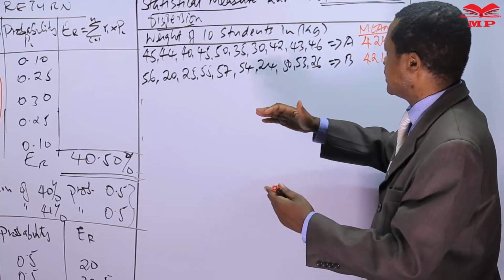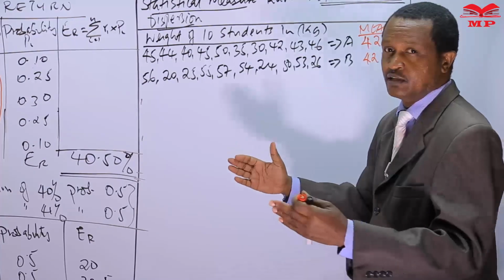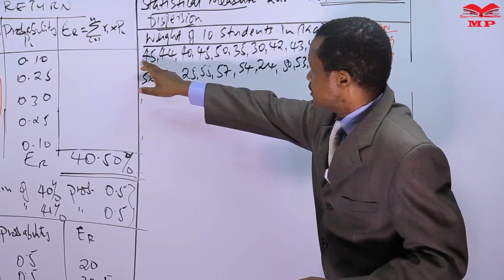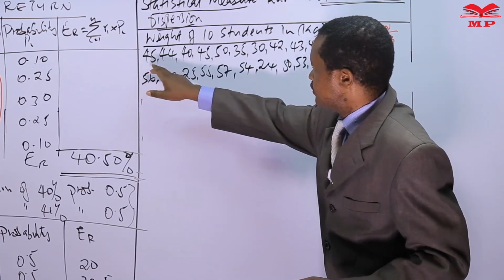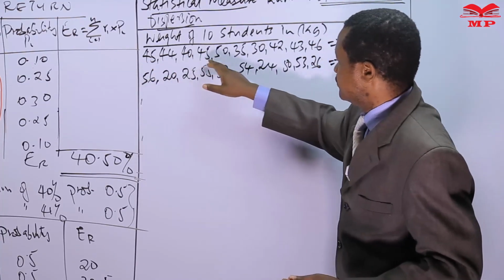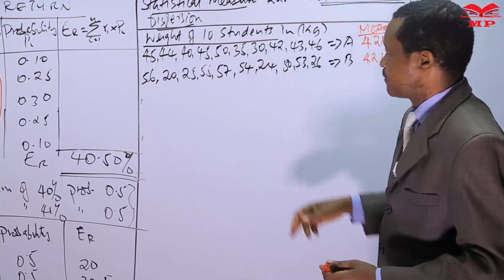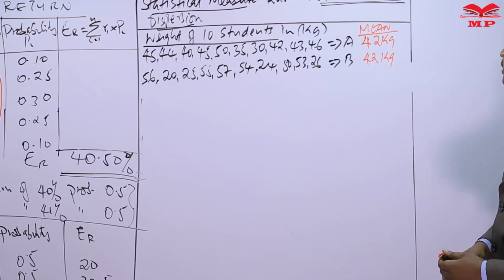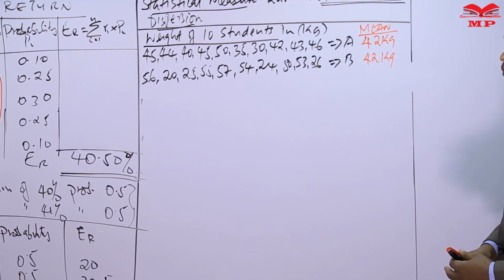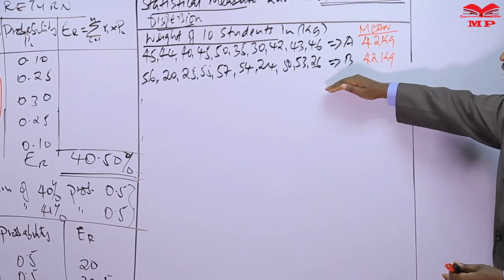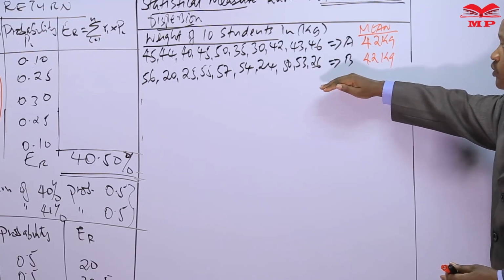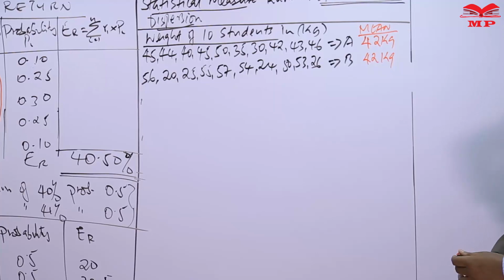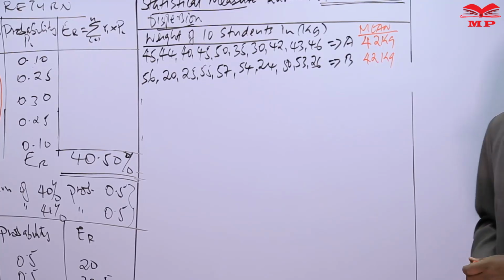The variations are high among the students compared to the first class, where we have 44, 45, 40, 45, 50. So we need to calculate the standard deviation for the two sets of data for us to be able to know the level of variation.